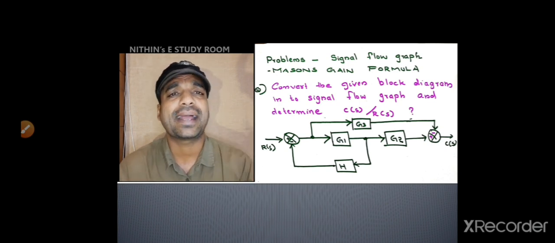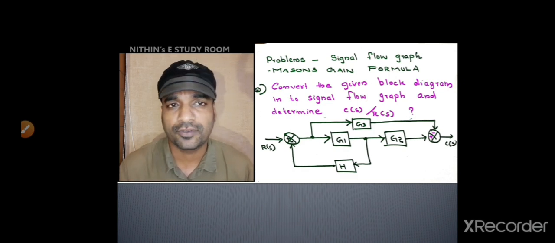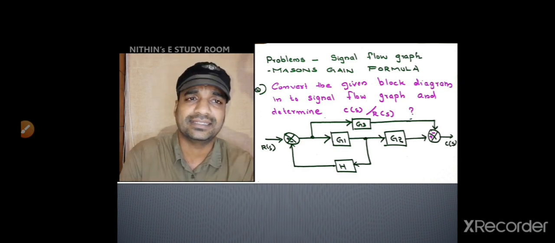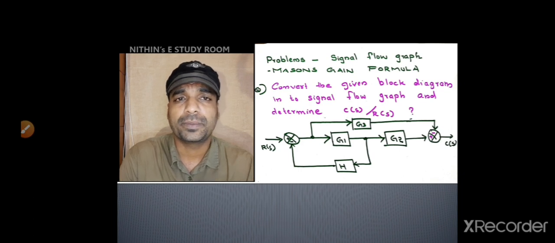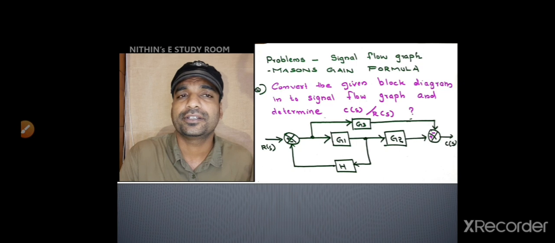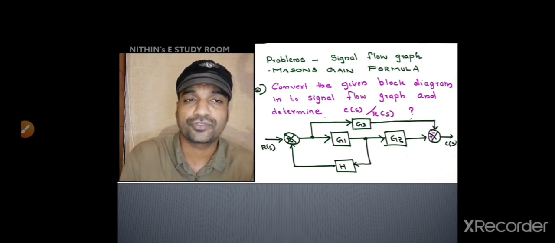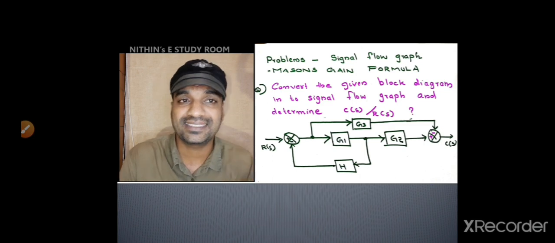So for applying Mason's gain formula, we have to convert any block diagram into a signal flow graph. So questions may appear like this. You may be given a block diagram, and then you are asked to find the transfer function using Mason's gain formula.